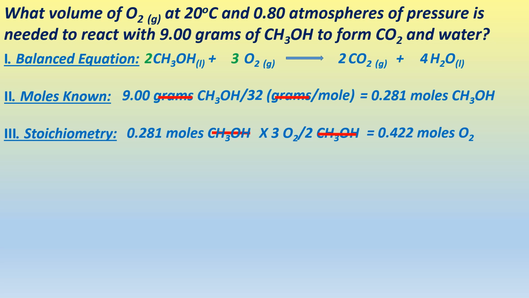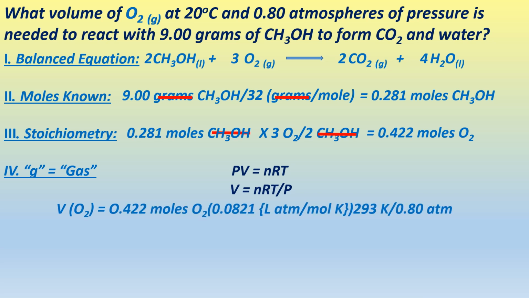Finally, we're left with the fact that our reactant is now a gas and go back to PV equals nRT. So the volume would be equal to nRT over P. In this case, I am looking for the volume of oxygen, which is going to be related to the moles of oxygen, 0.422, times the gas constant, times 20 degrees C, or 293 K, divided by 0.8 atmospheres.